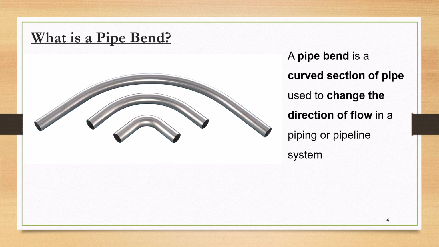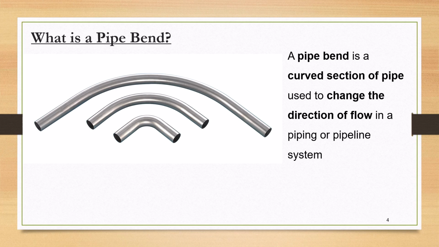Now, what are the types of pipe bends? Pipe bends can be classified as cold bends, formed at room temperature using mechanical or hydraulic bending machines, common in onshore pipelines. Then hot bends, where the pipe is heated before bending to reduce material stress.